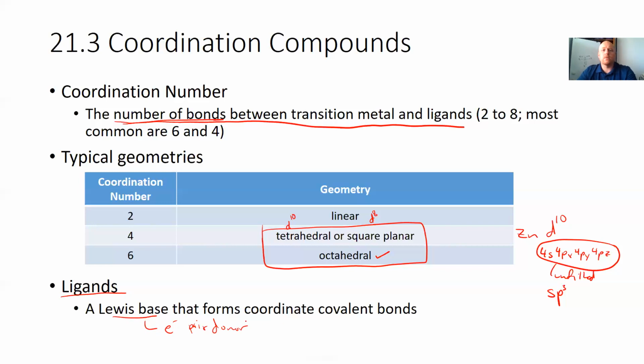And it forms, remember, these coordinate covalent bonds. When we say a coordinate covalent bond, we still have orbital overlap, where both electrons are donated by a ligand.